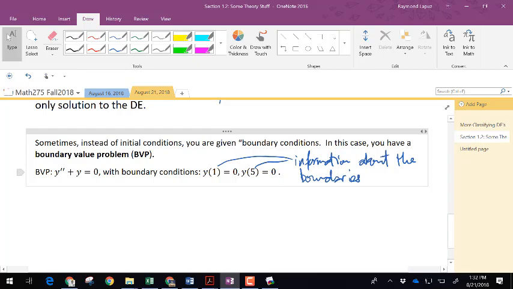And if you look at a sine function that passes through those 2 points, you can either move it around or you can stretch it, and it would still pass those 2 points. So if you find a solution, it might not be unique.